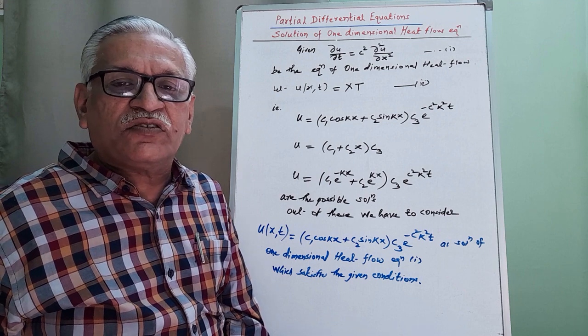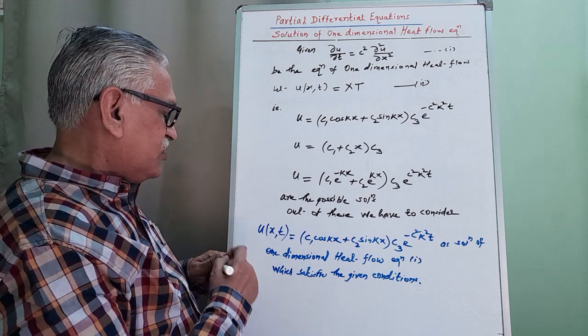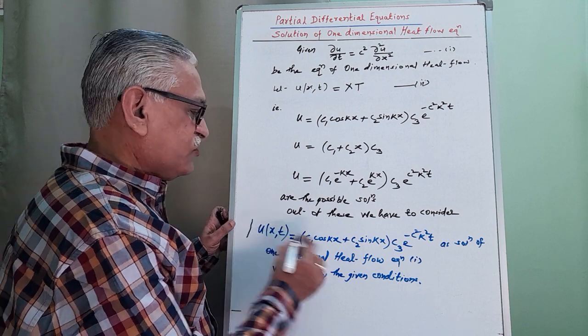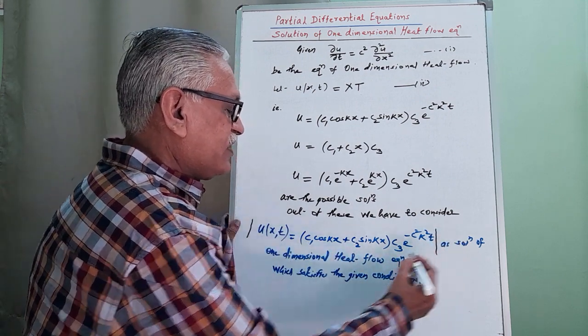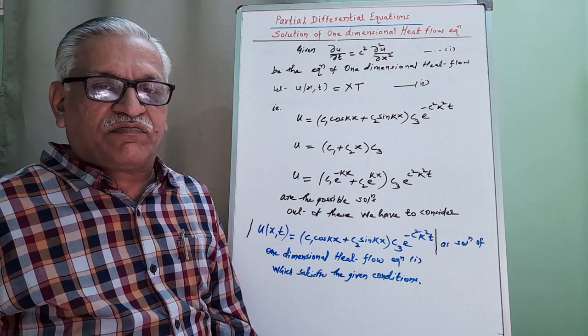Given condition includes both boundary as well as initial conditions. Therefore, using this only, we require to find the solution of that one-dimensional heat flow equation.